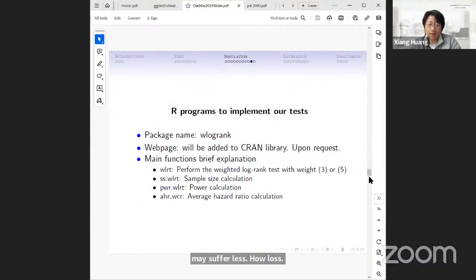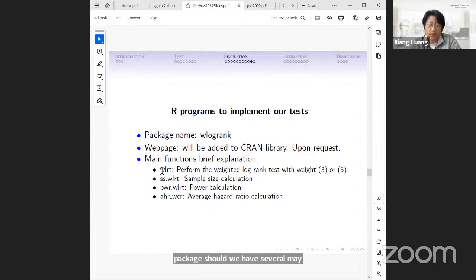And also we have the R program to implement our tests, and we wrote it as an R package. We will add it to the current library. In the package, we have several main functions.